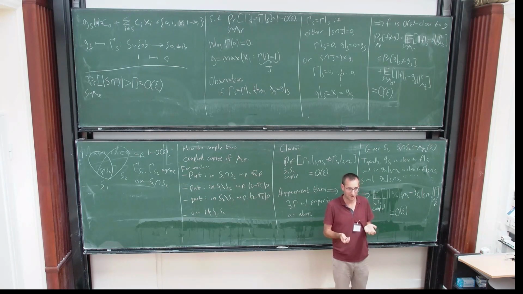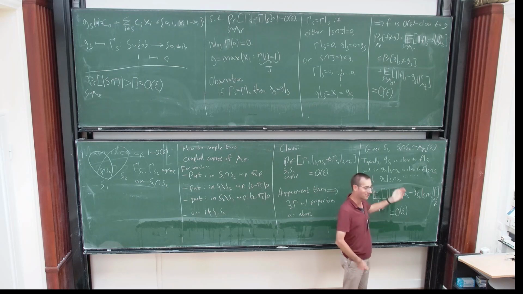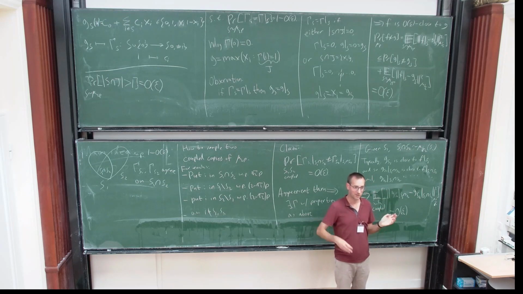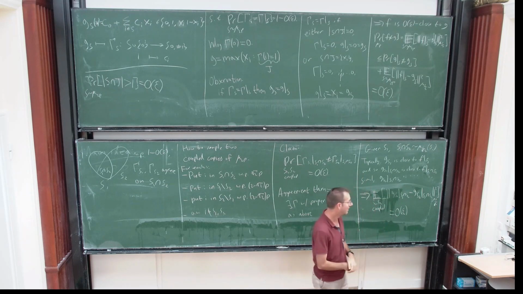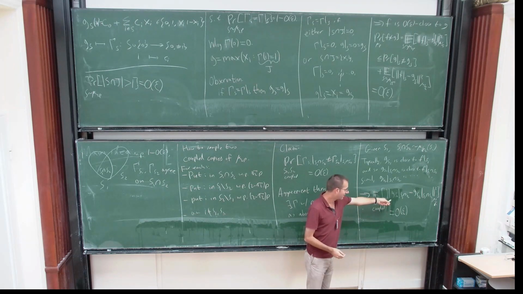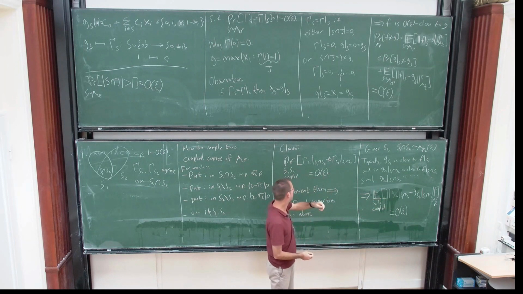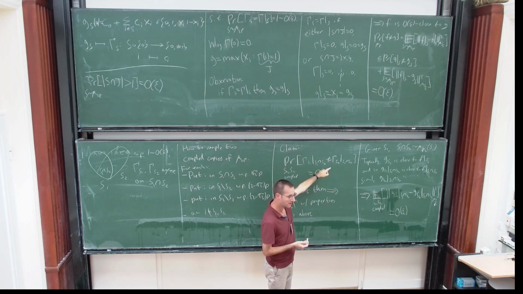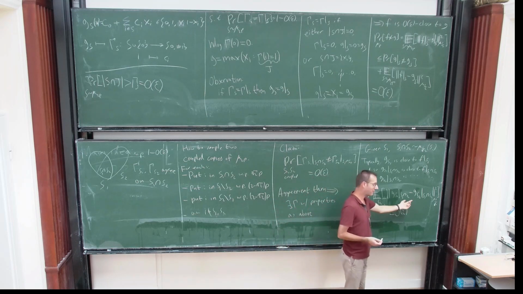It's a really simple calculation, but a bit confusing because we have several different measures floating around. Anyway, we have this, and we want to prove this. The idea is that if these two things are different, then this difference is order 1.